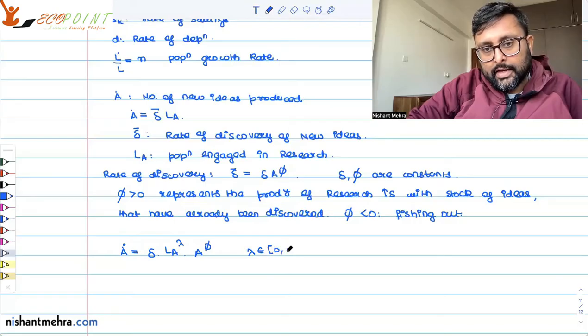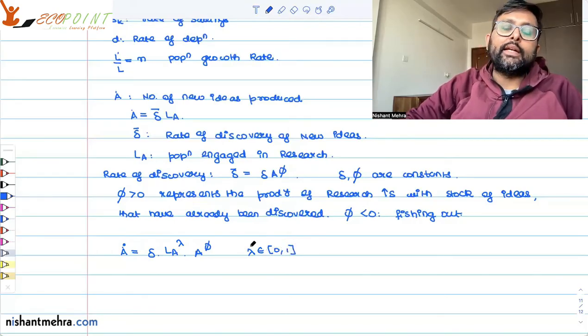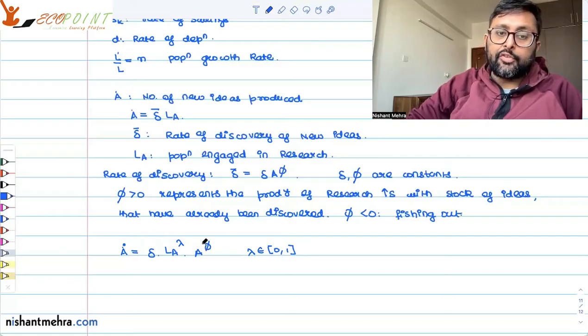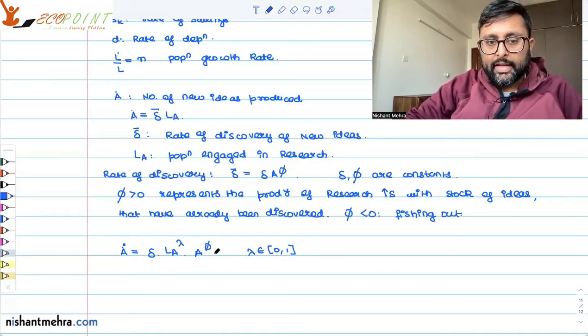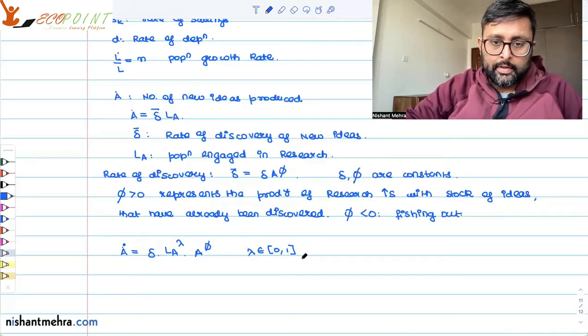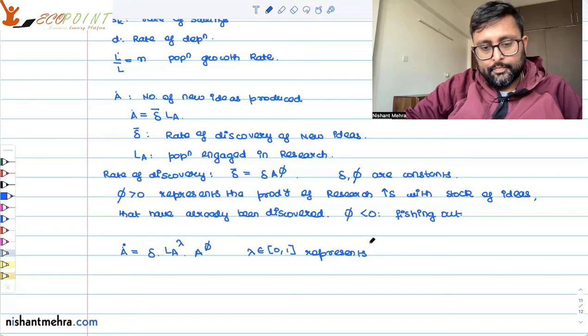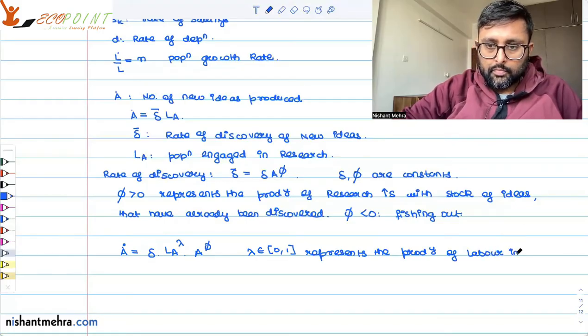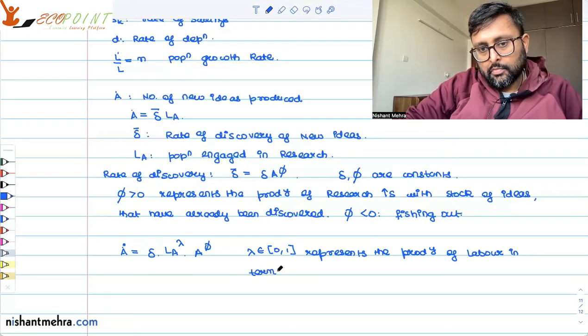This lambda can lie between 0 and 1. Lambda represents the productivity of labor in terms of new ideas. Phi represents the productivity of research in terms of new ideas.